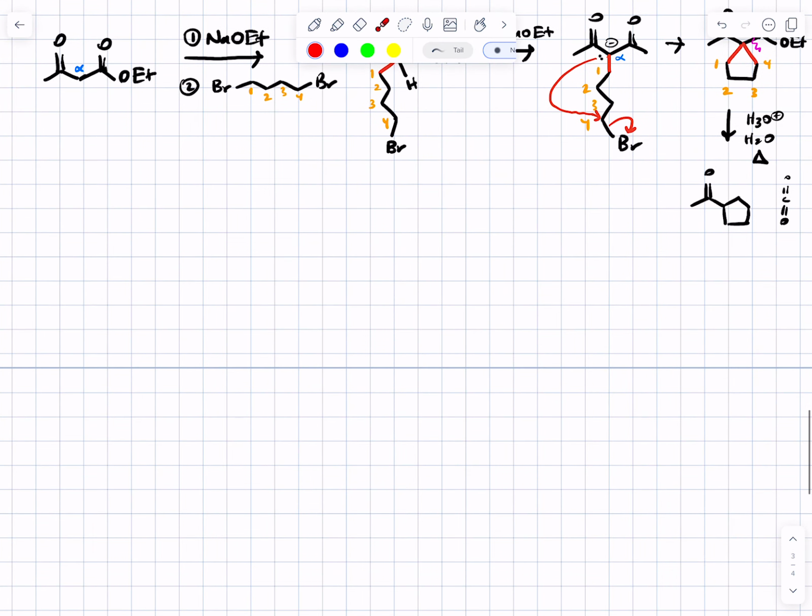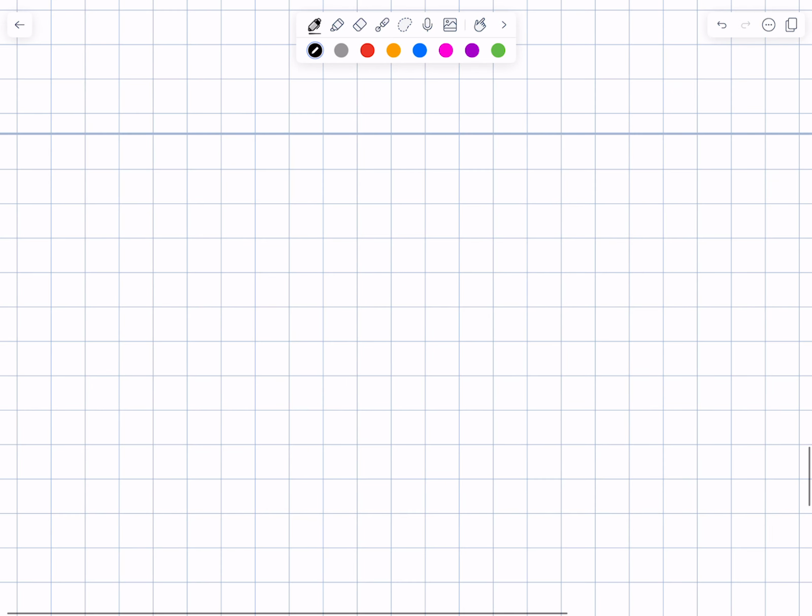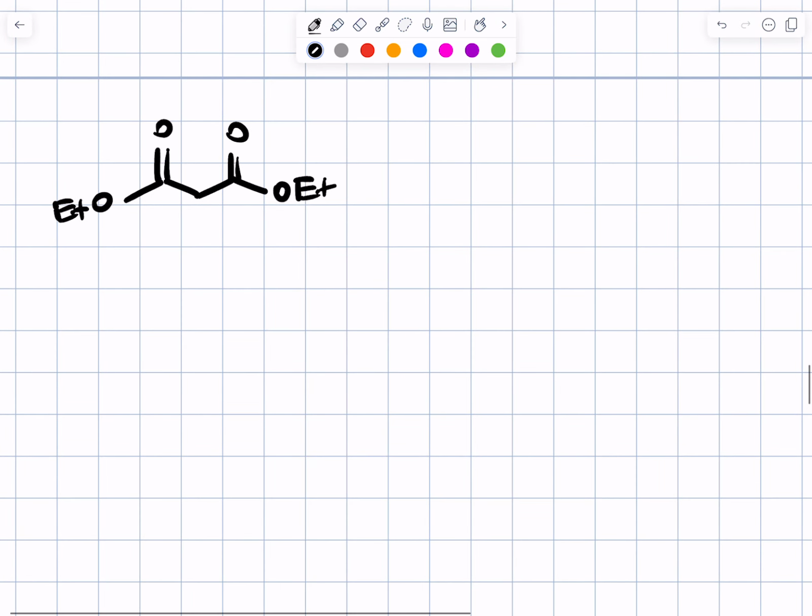One thing I'll point out is that your text says you can do this kind of thing not only with acetoacetic ester as the starting material, but also this molecule, which is called malonic ester.